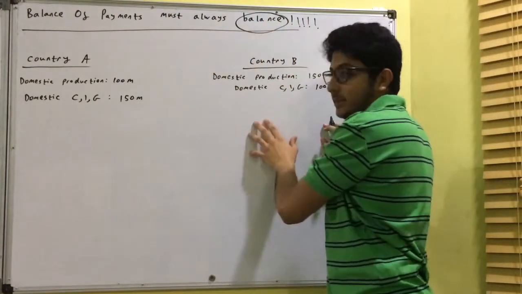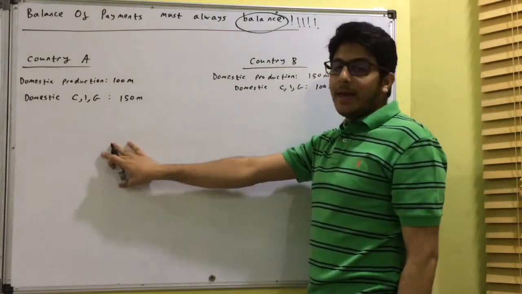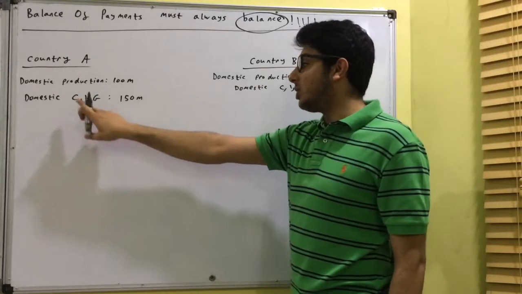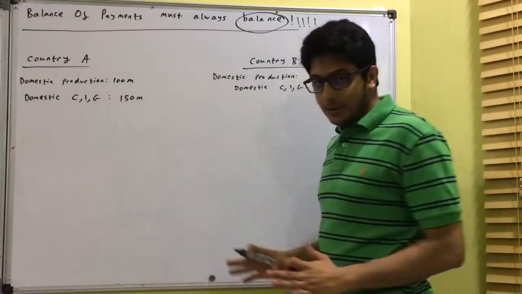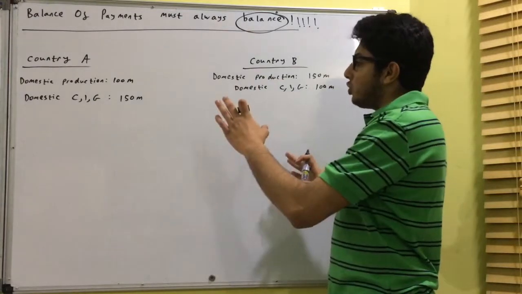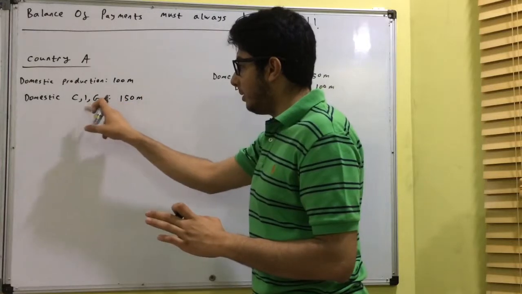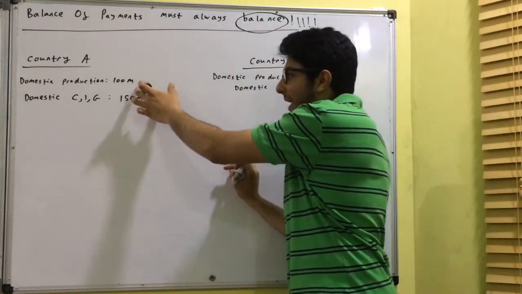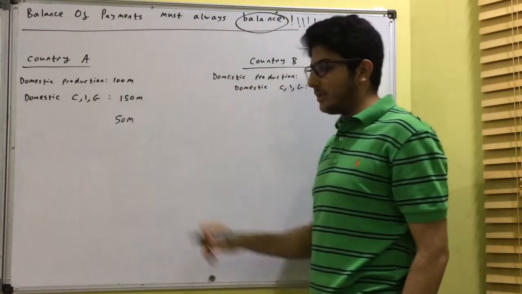Let's say we have two countries, Country A and Country B. Country A has domestic production of 100 million, and domestic consumption, investment, and government spending of 150 million. So it's consuming more than it's earning from the output it produces, by 50 million. That's the difference.